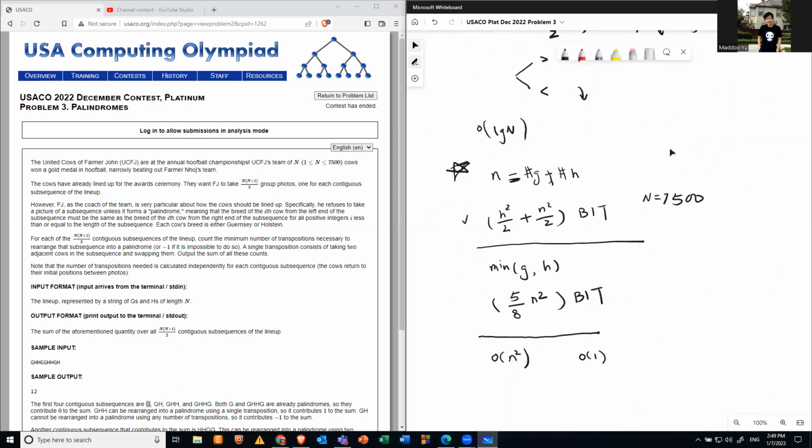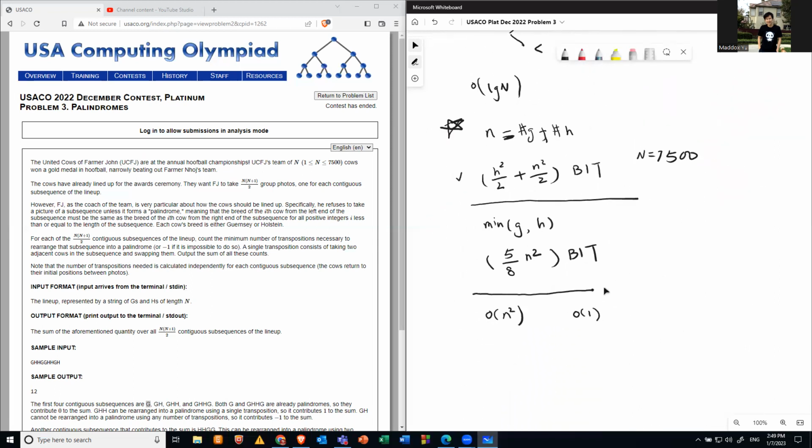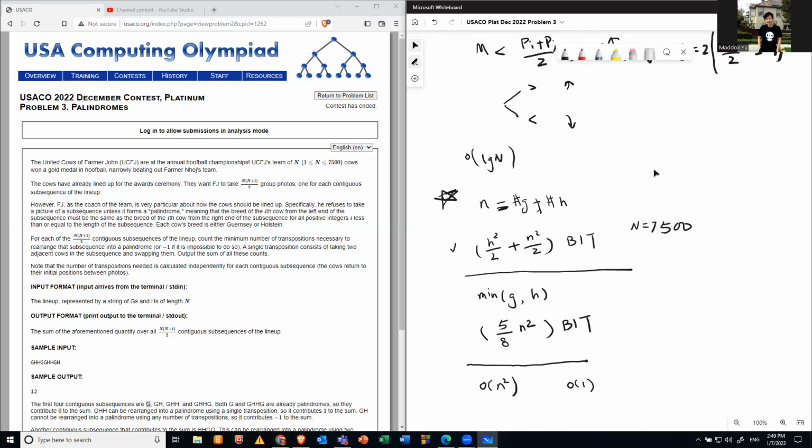The homework is that I really would like you guys to try to solve it in an O(n squared) approach using the pointers, because the change of this m function is one directional.